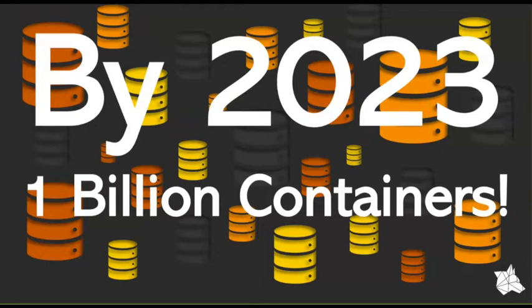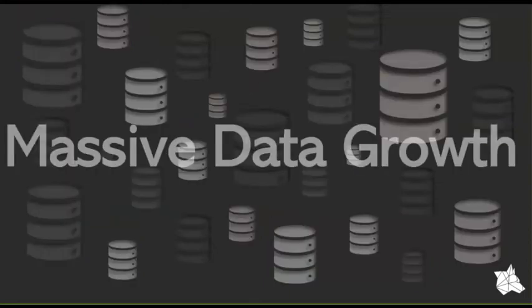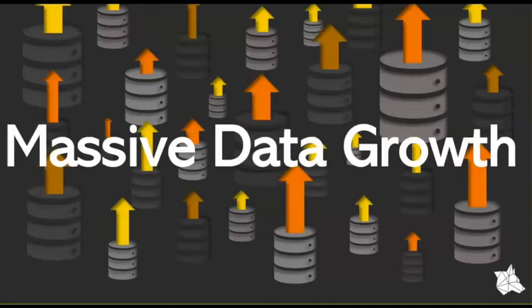But then again, a lot of those containers will be critical ones that are helping to serve applications or data to customers, and people need to ensure that they're resilient. And it's not just about containers. As we all know, data growth is a massive issue. IBM have predicted that there will be a tenfold increase of data in the decade between 2016 and 2025.